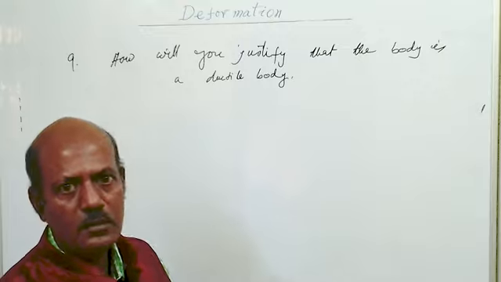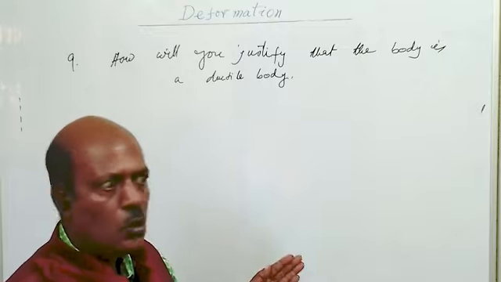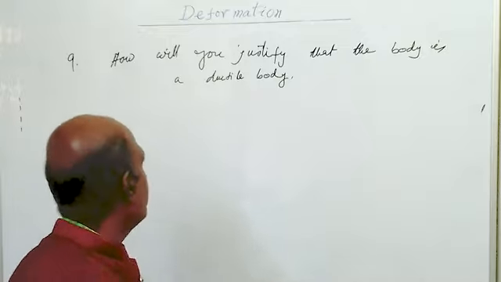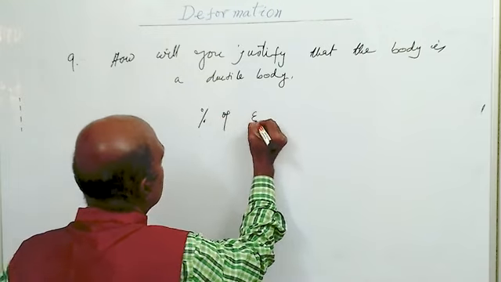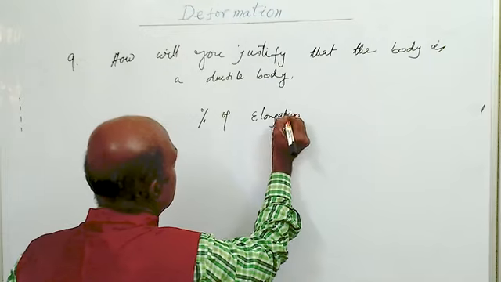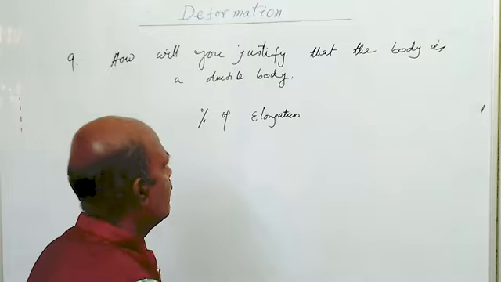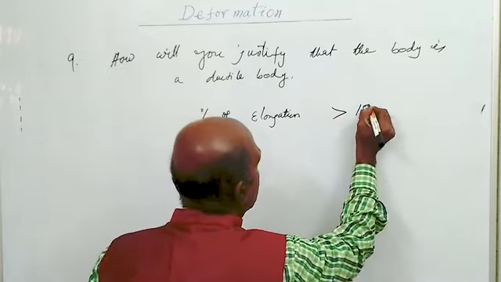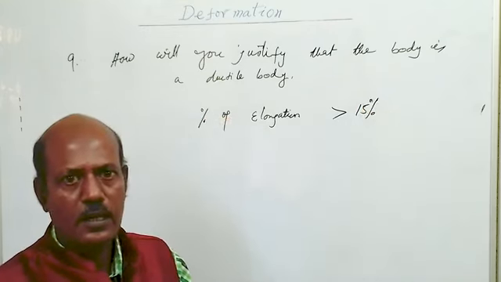To find out, you conduct the tensile test and find the percentage of elongation. If the percentage of elongation is more than 15%, then the body is a ductile body.